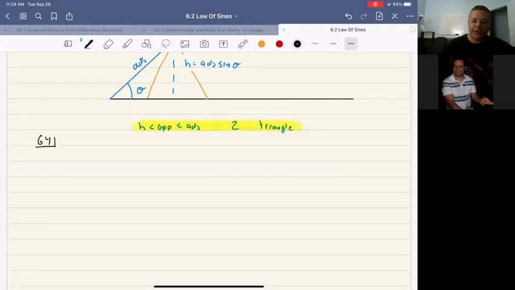Okay, so in this case, we're given A is 34 degrees, a is 6, and c is 8. It doesn't matter what it is, as long as we know we have one side that's adjacent to our angle and one side that's opposite to it.